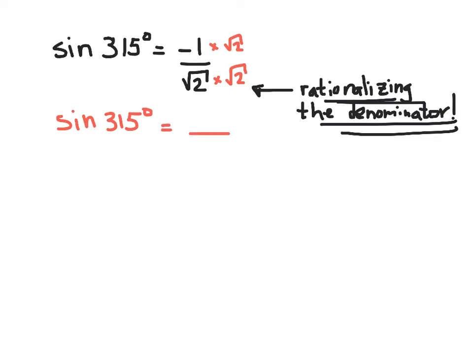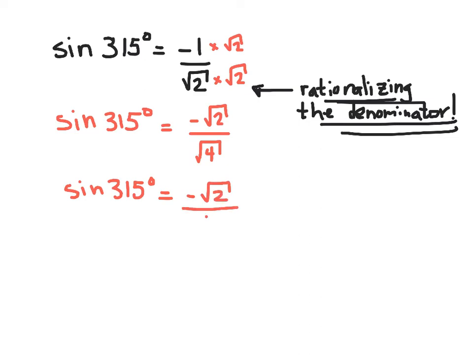Or square root of 2 times the square root of 2 is the square root of 4. Okay, and on the top, negative 1 times root 2 is negative root 2. So we end up with sine of 315 degrees is equal to negative root 2 all over root of 4, which is just 2.